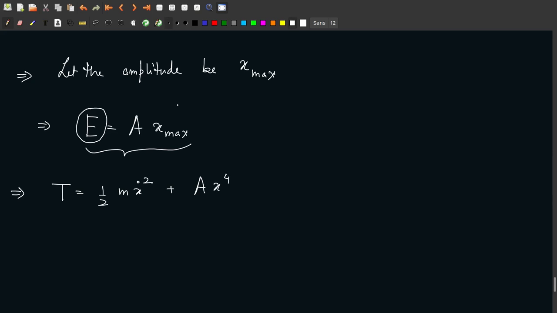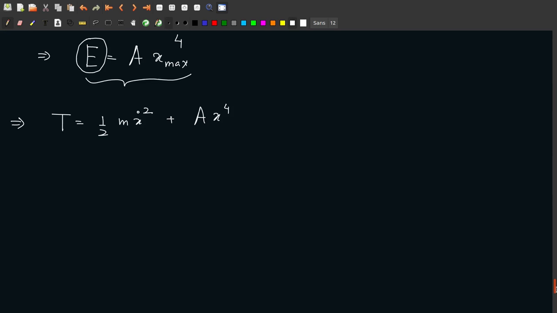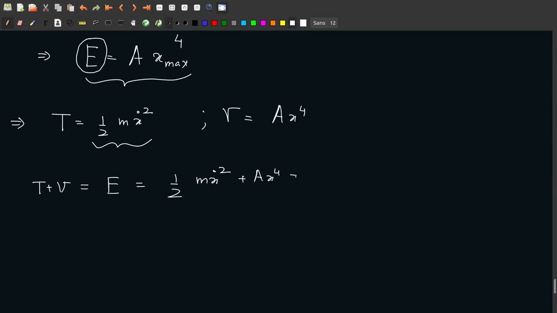So this is your kinetic energy, and the potential energy at a particular position x will be a into x to the power 4. Again I'm making some goof ups, the energy at the turning point is a into x max to the power 4, I'm sorry for that. So T plus V is the energy of the system, half m x dot square plus a x to the power 4, and since the energy is conserved, it is equal to a into x max to the power 4.